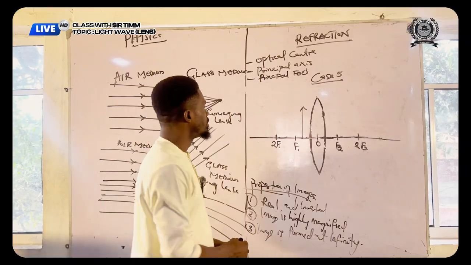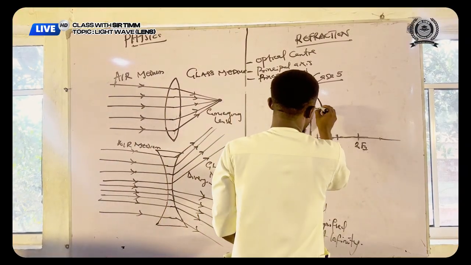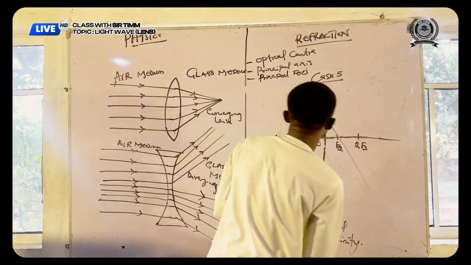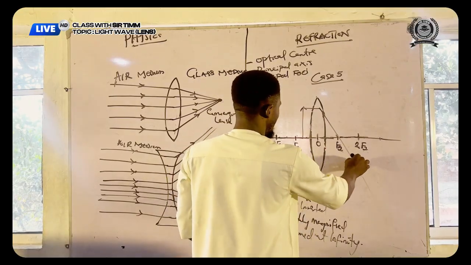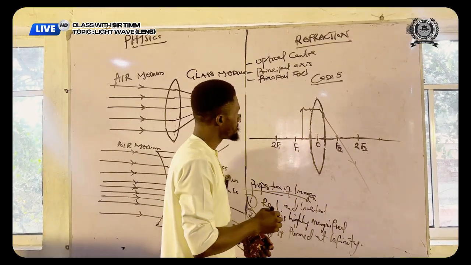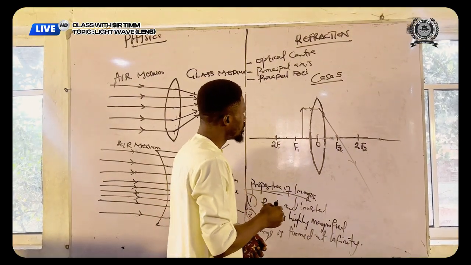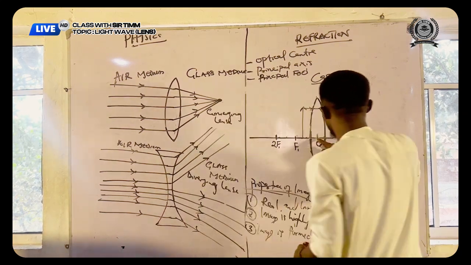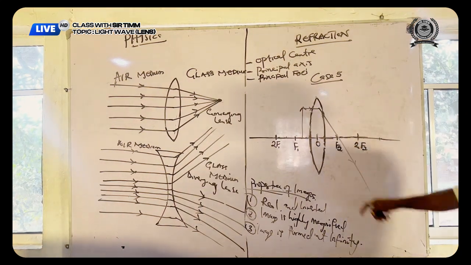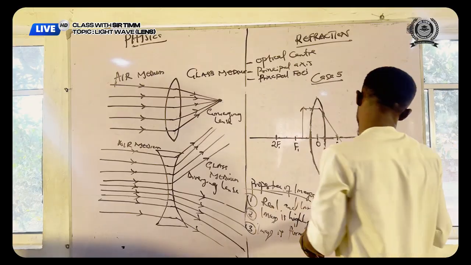Rule 2. Yeah. So, if this ray moves here, you say you're going to move like this. Yes. Okay, let's see. Rule 2. I'm going to use this one. Good.